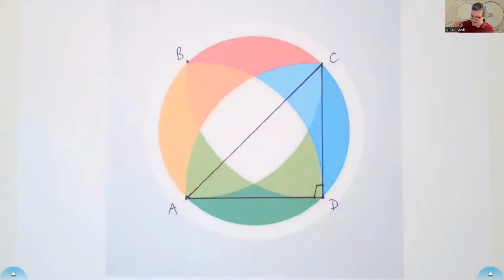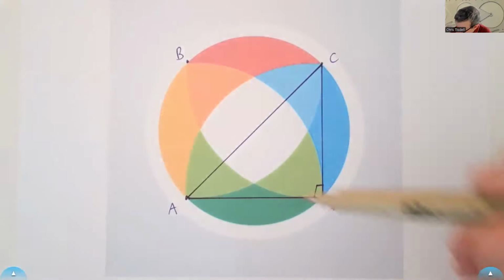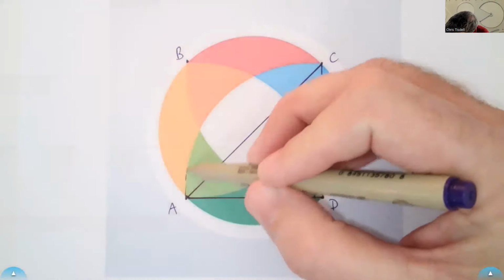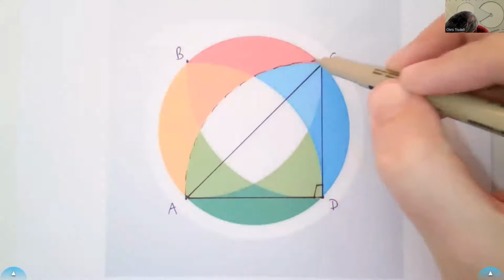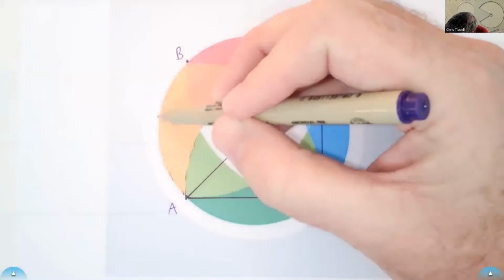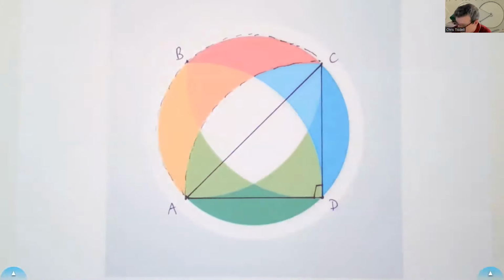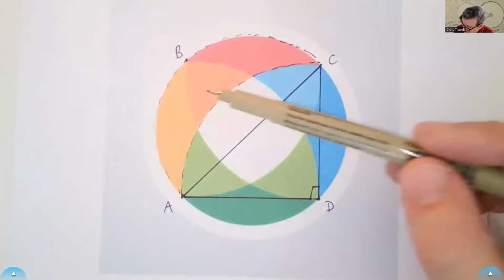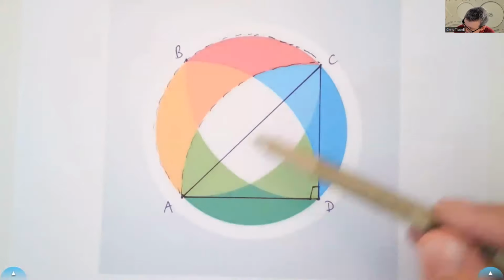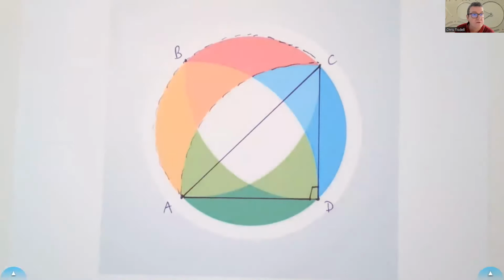And here's what I'm going to claim now. This orangey red crescent moon, okay, called a lune, has the same area as this right-angled triangle. Now, that is a problem that is thousands of years old.